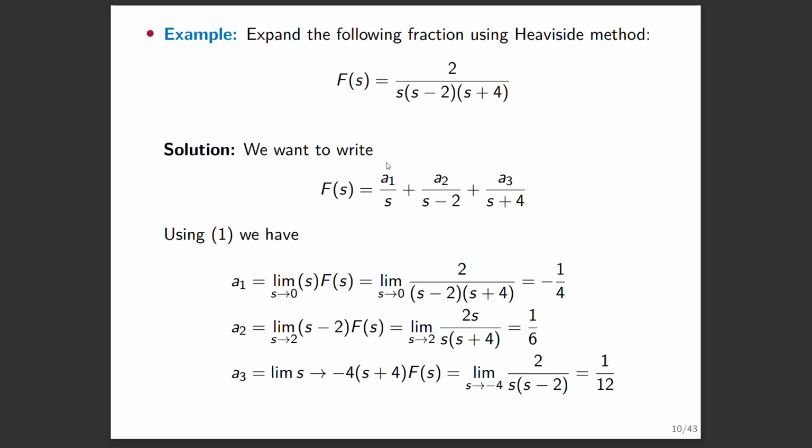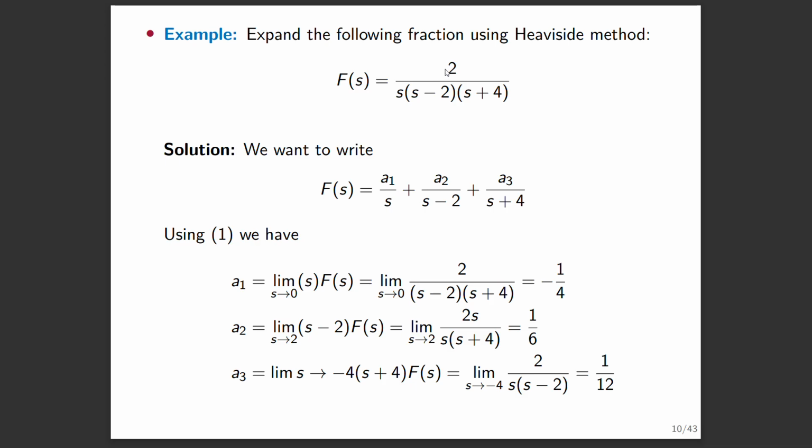If I want to find a1, what do I do? a1 is the numerator of the term with s in the denominator. So I go to my fraction and imagine s doesn't exist: I have only 2 divided by s minus 2 times s plus 4. Then I substitute 0, the root of this term.